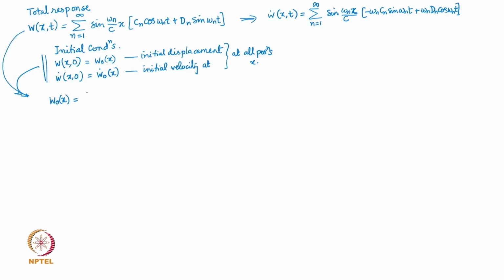So I get summation n equal to 1 to infinity, at t equal to 0, sine(n pi x over L) Cn. And using the second initial condition, I get W naught dot of x equal to the same summation, n equal to 1 to infinity, sine(n pi x over L), and of course the first term goes to 0, and then I have omega n Dn.